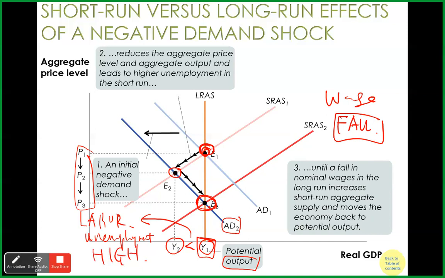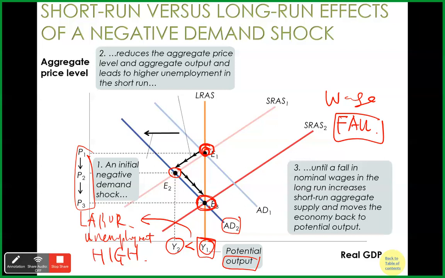If you are part of the society and we experience E1 to E2, E2 to E3, what would be the costs you can potentially suffer? What are the costs to you if you're part of this economy and the economy suffers a negative demand shock?